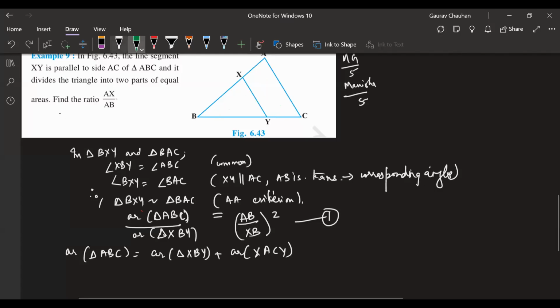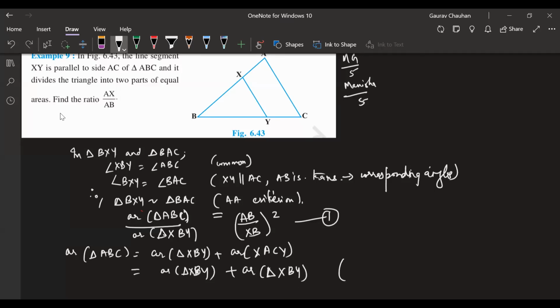But already these two areas are equal, which means I can write area of triangle XBY plus area of triangle XBY. Why can I write this? Since area of XACY is equal to area of triangle XBY, it's given. Everyone followed this step?